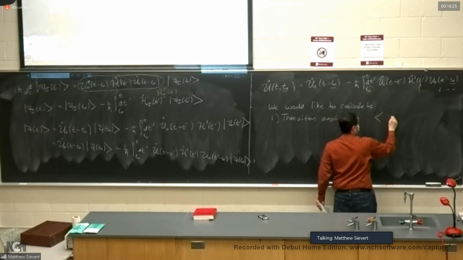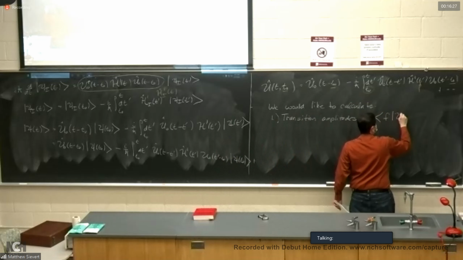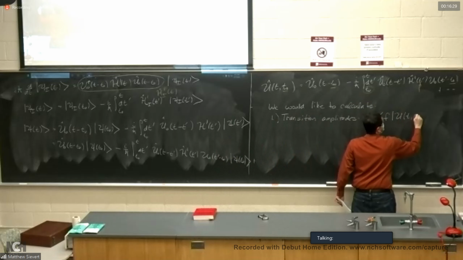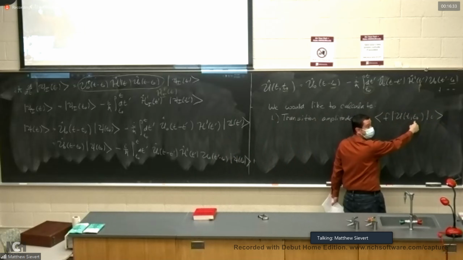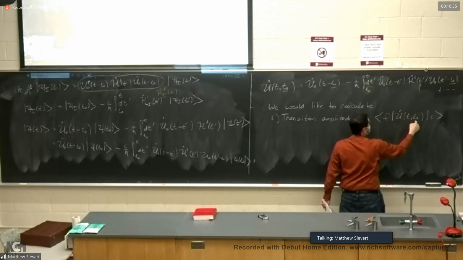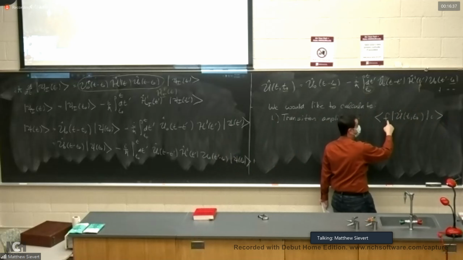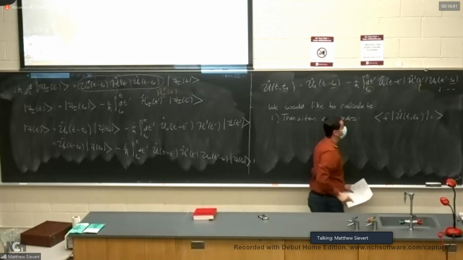So this is something like starting in some initial state I at time t naught, evolving it with the dressed propagator in perturbation theory and asking what is the amplitude to find yourself in state f at the end of it.